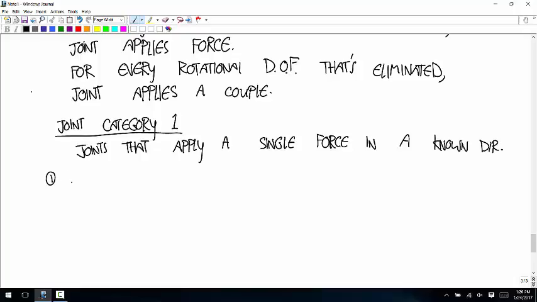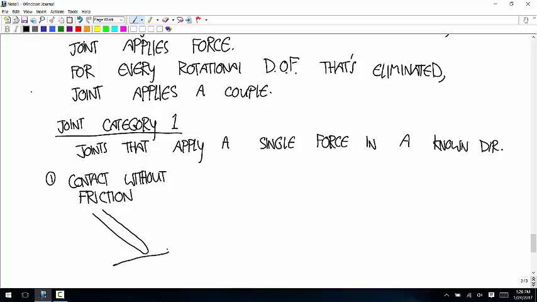The first one is contact without friction. So if this is the body you're thinking about and it's in contact with the ground there and you're told that this is frictionless, then a free body diagram, let me call this body 1 and let's call this ground looking thing body 2.